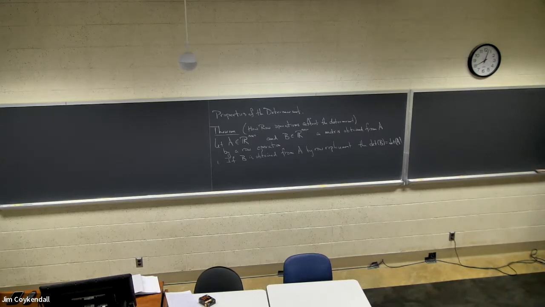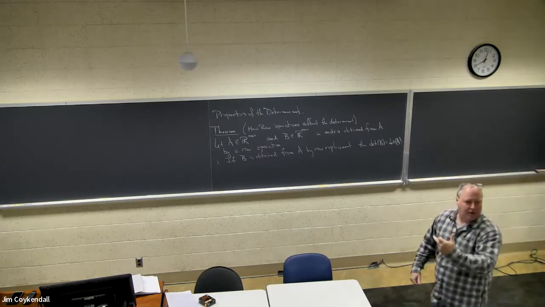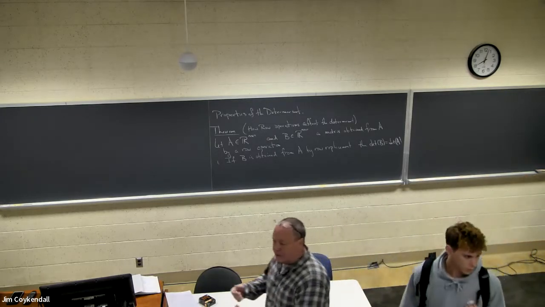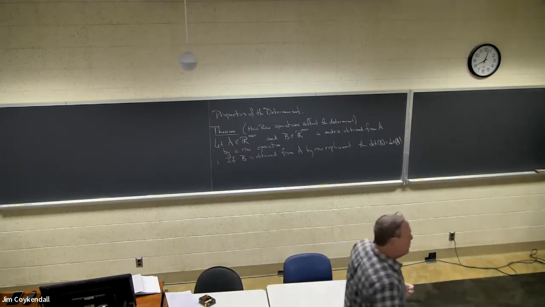So if I take a matrix and add a multiple of one row to another row, the determinant of the new matrix is the same as the determinant of the old. This is very important.